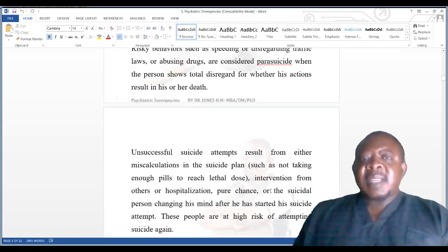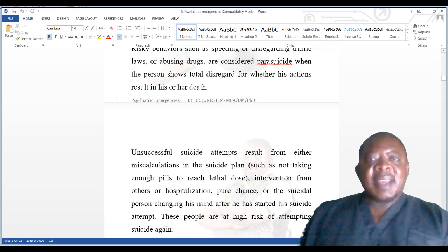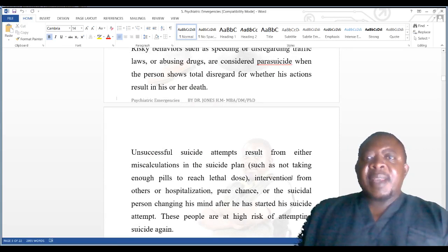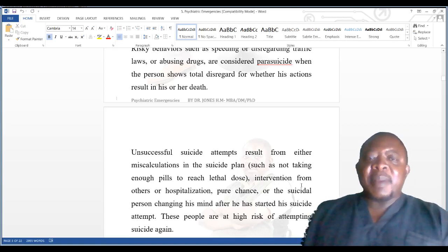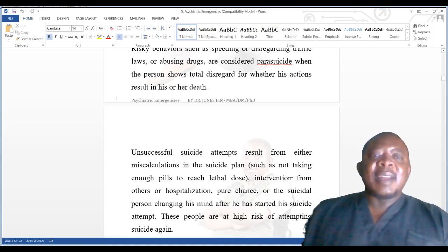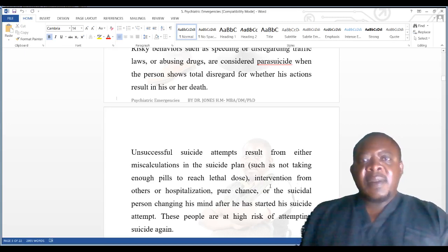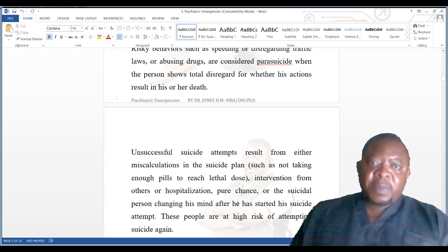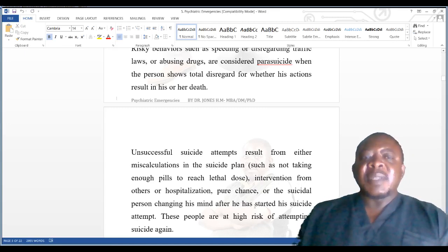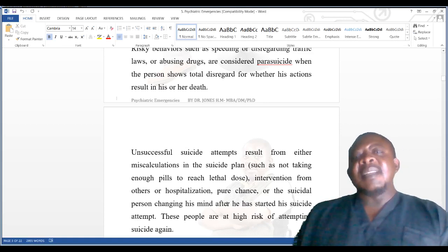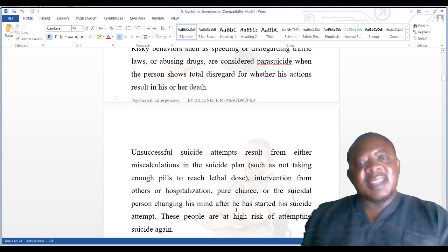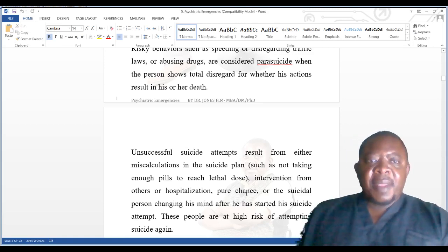Unsuccessful suicide attempts result from either miscalculation in the suicide plan, or intervention from hospitals or people nearby, passers-by, which results in someone who had a risk behavior or parasuicidal behavior being saved. Intervention from others or hospitalization may result in someone who engaged in risk behavior being saved. They did not intend to kill themselves, but they engaged in these risk behaviors.